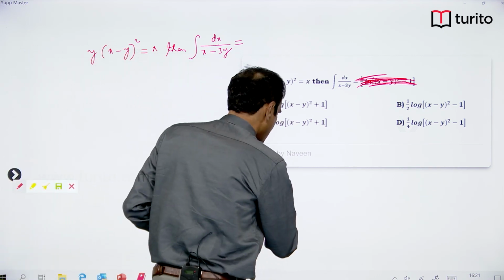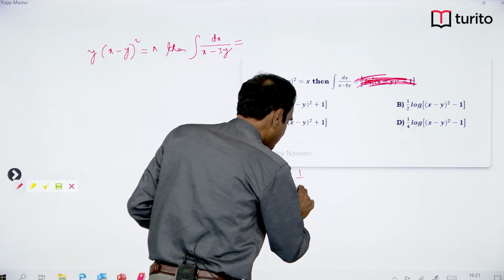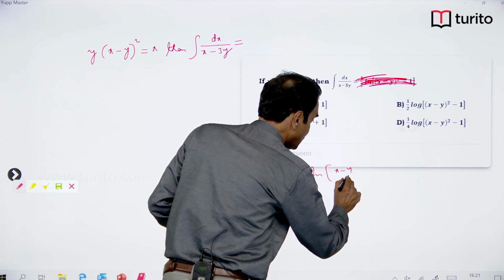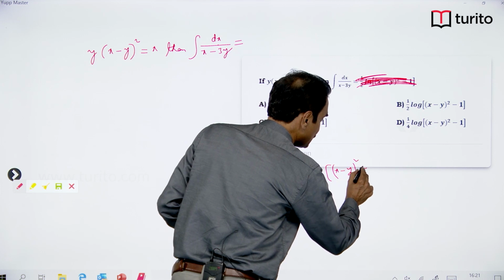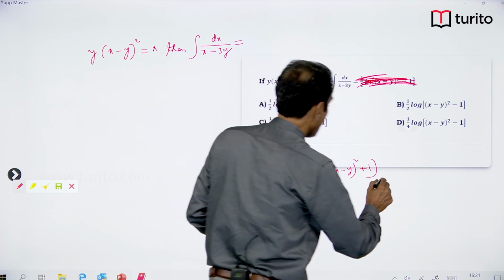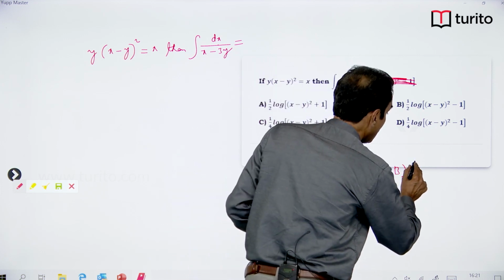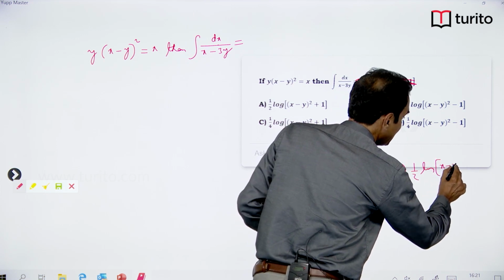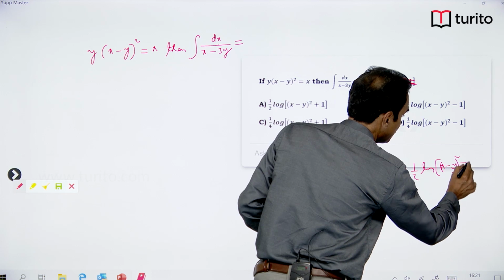First option, half ln x minus y whole square plus 1. Second option, half ln x minus y whole square minus 1.